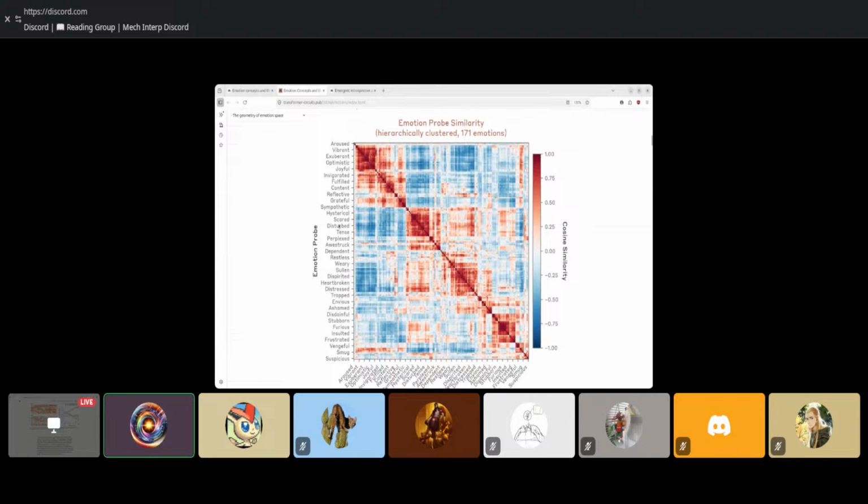If you look at the first blue square, you can see that scared is directly blue with optimistic, for instance, at the bottom. But blue is more different. Oh wait, it's the other way around. Okay, never mind.